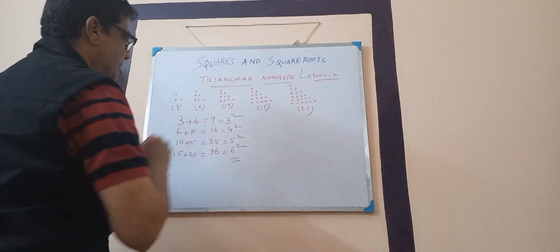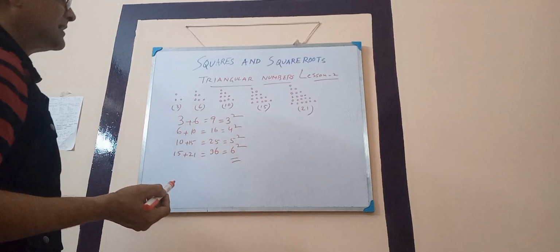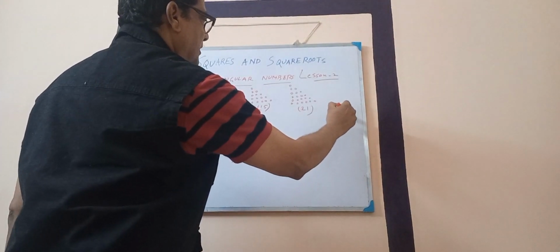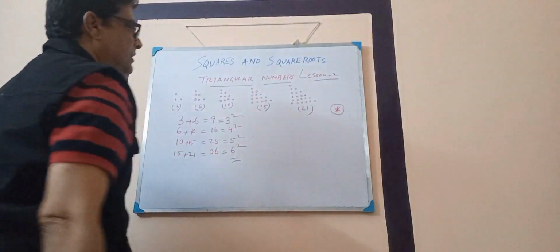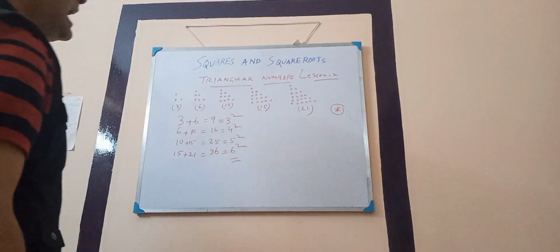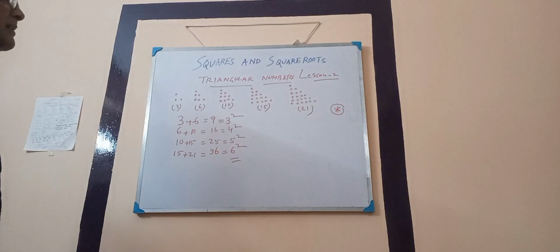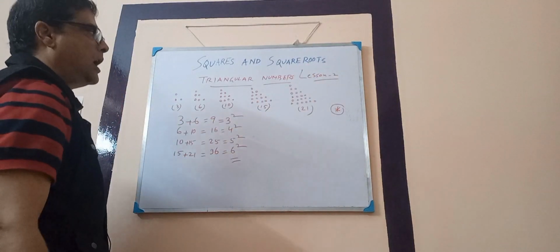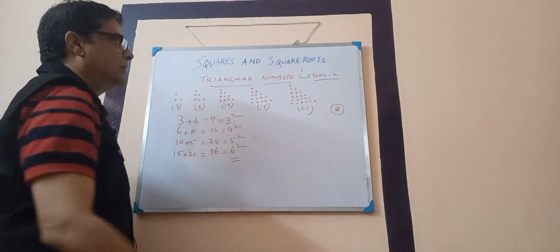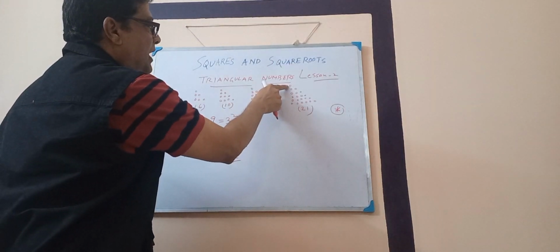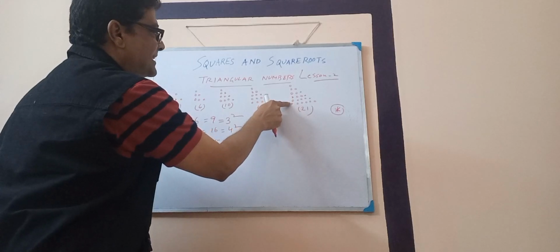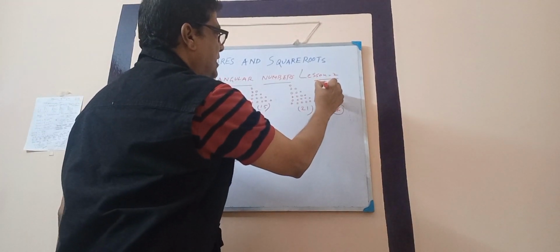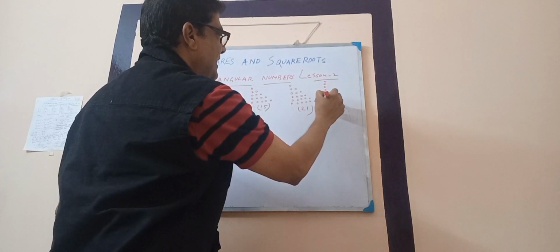Now the question is, just try to find out the next triangular number and see whether this particular concept is applicable or not. Now how to find the next triangular number? See here we have 6 dots, so let us start with 7 dots. 1, 2, 3, 4, 5, 6, 7.